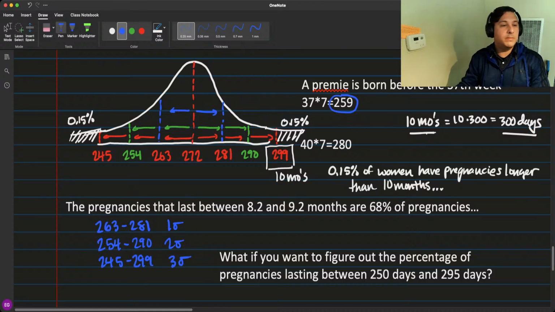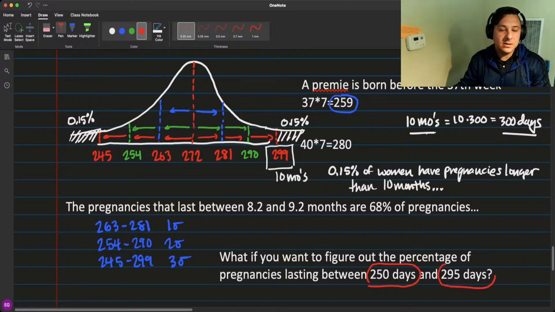No, because the empirical rule requires that the numbers you're dealing with are a whole number of standard deviations away from your mean. If you move in terms of standard deviations, the numbers you get are 263, 254, 245, 281, 290, and 299. These two numbers aren't in that list.